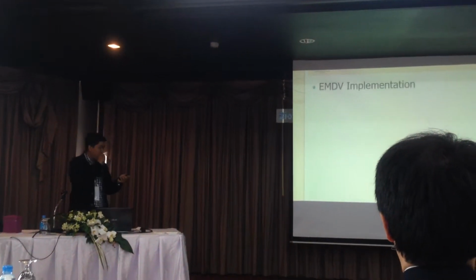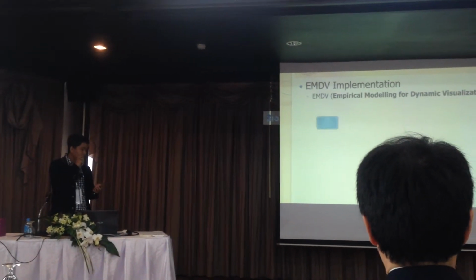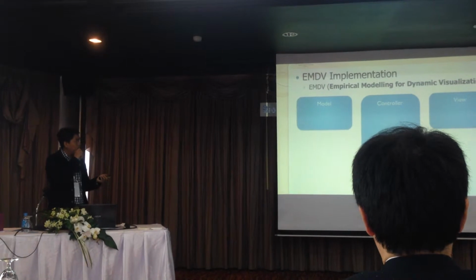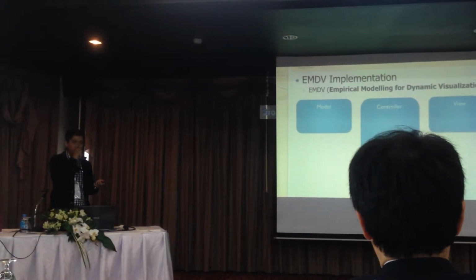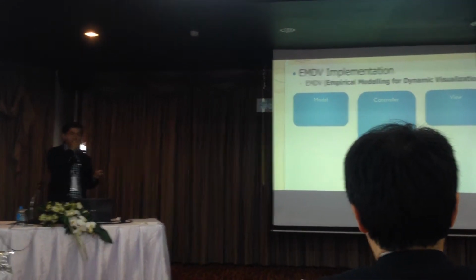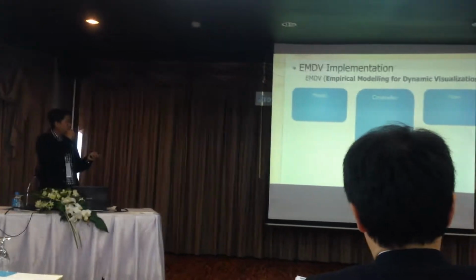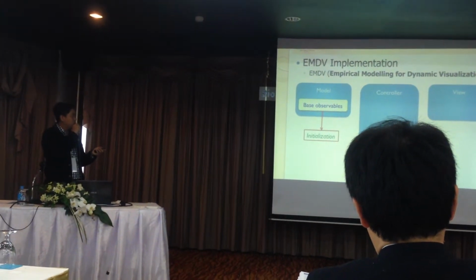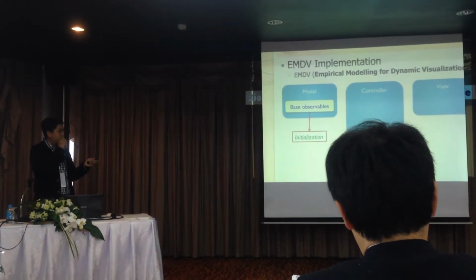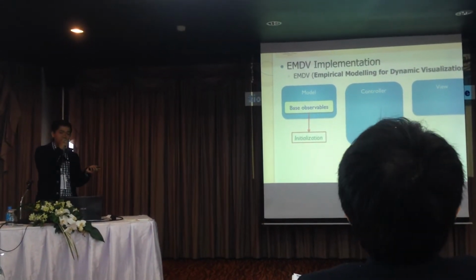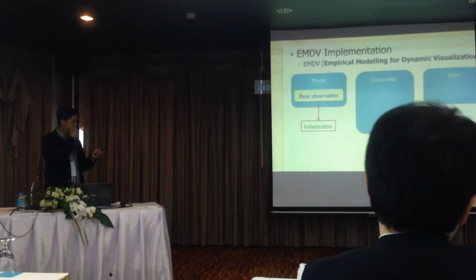Okay, right now our main point is the EMDV implementation. We organize the EMDV as in MVC, like you know, model, controller, and view. In the model section, we create a base observable file that is used to initialize all the observable values.